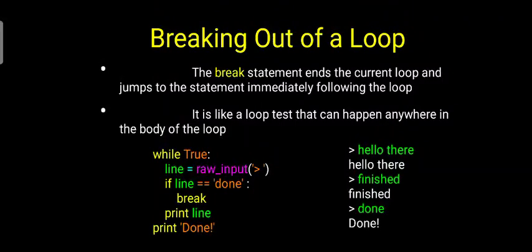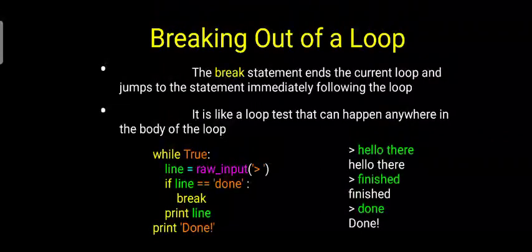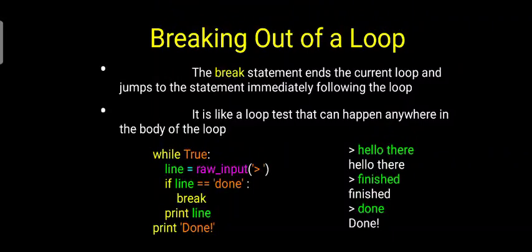The break statement ends the current loop and jumps to the statement immediately following the loop. It is like a loop test that can happen anywhere in the body of the loop. Inside a loop, a condition is placed, and on matching that condition, we can terminate the repetition of the loop.